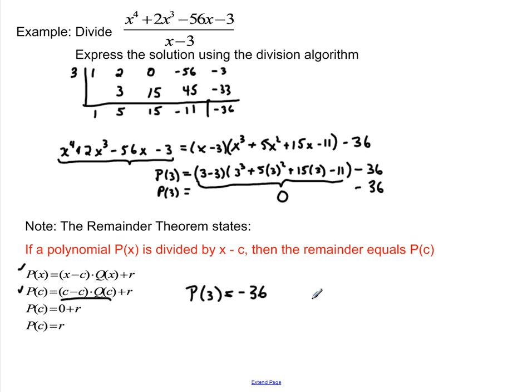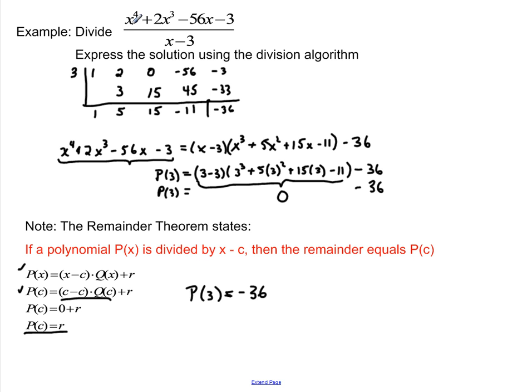And so now we've just found that substituting in this number into our dividend polynomial results in a remainder that's equal to the value of the polynomial at x equals c. That's what the remainder theorem states. If a polynomial p of x is divided by a quantity x minus c, the remainder itself is the value of the function evaluated at c.